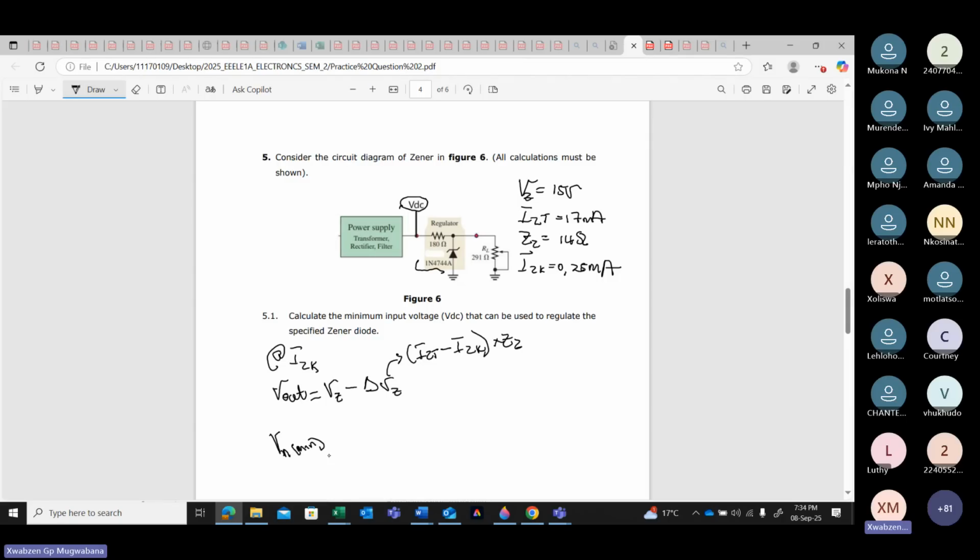V input at the minimum will be given by V out at IZK, plus, because I am at the bare minimum, which means I am at IZK, IZK multiplied by, already here, I know what the voltage is.